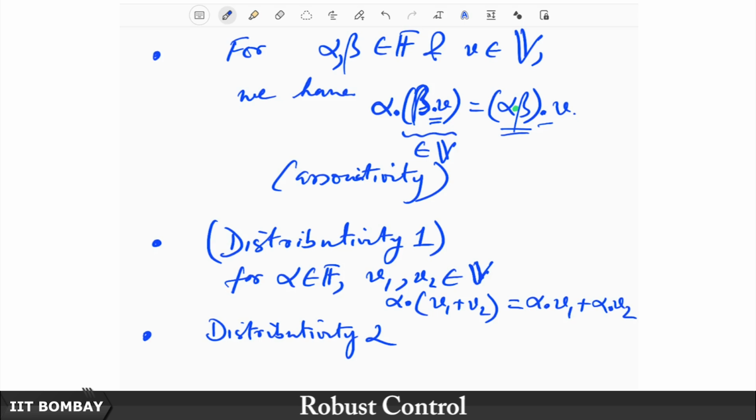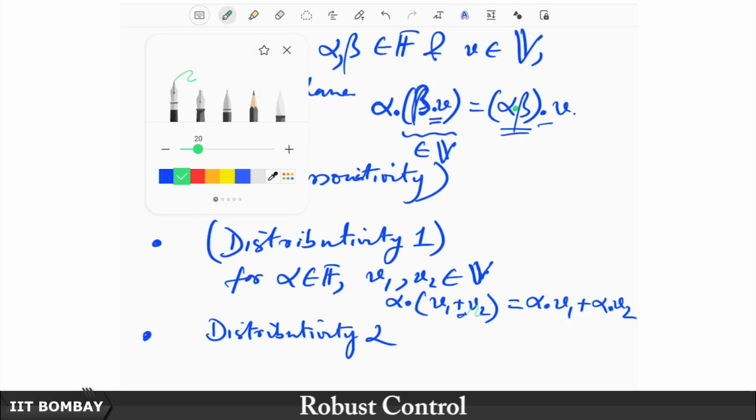Again remember, this is not very trivial. What we are saying is this addition is the vector addition that we have defined.